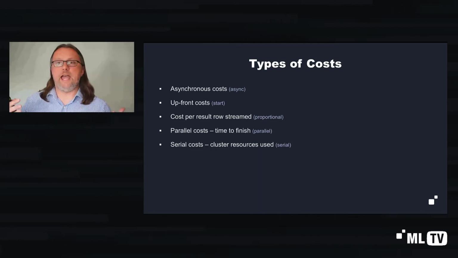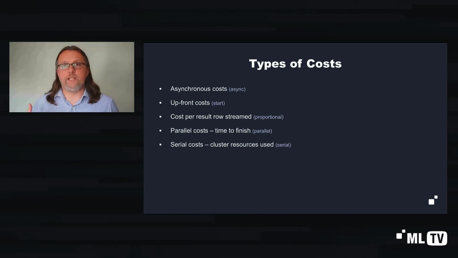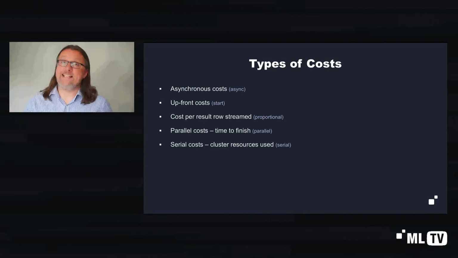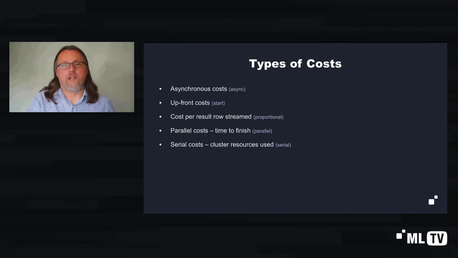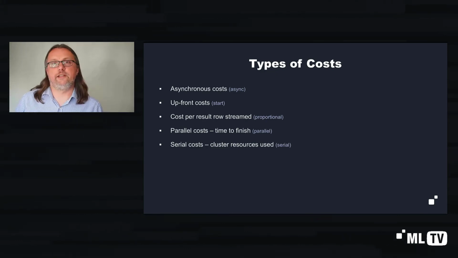Because things might be happening asynchronously, they may be happening in different threads, but it's important to measure that as well, because we want to be good citizens of the MarkLogic ecosystem, and in MarkLogic we expect there to be more than one query executing at any time. And so we don't want to choose a query that is marginally faster at the expense of using up all the system resources and crowding out anything else that might be trying to execute.